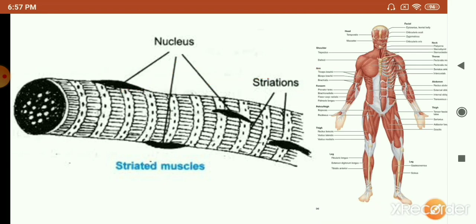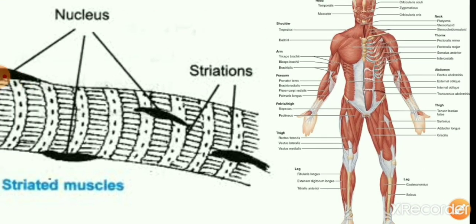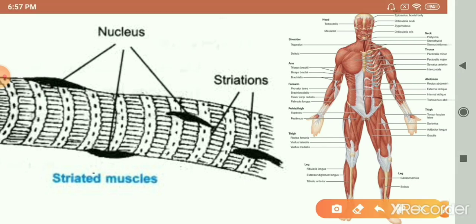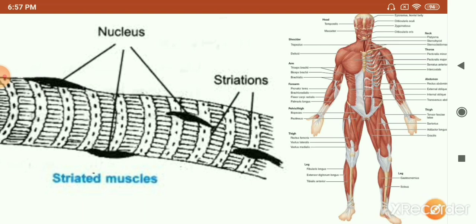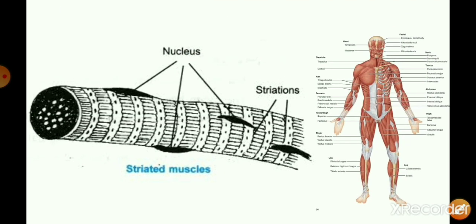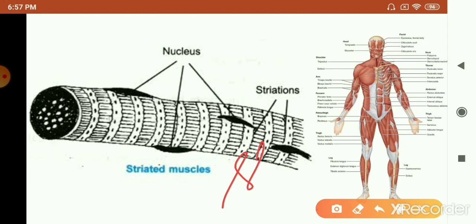These muscles, you will find them present in different parts of the body. They are attached to your limbs, to the bones. As the muscles are mostly attached to the bones, these voluntary muscles are also called skeletal muscles, right?